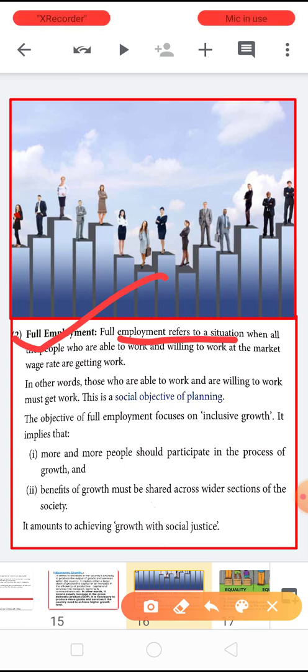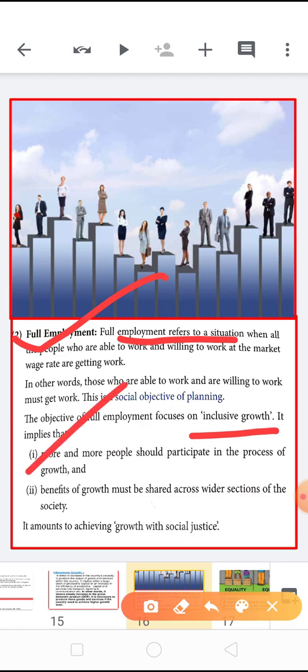The objective of full employment focuses on inclusive growth. It implies more and more people should participate in the process of growth, and the benefits of growth must be shared across different sections of society. Because if more people are getting employment, then the economic condition of the people will really improve.